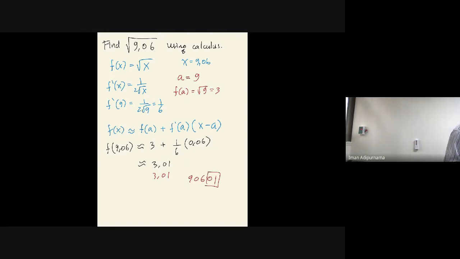It has other decimals here, but usually in mathematics you have error, right? Error means the difference between your calculation and the real reference.